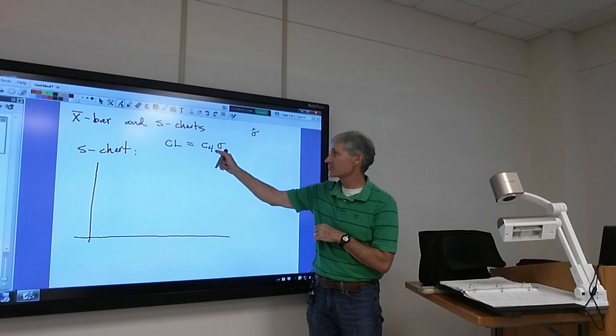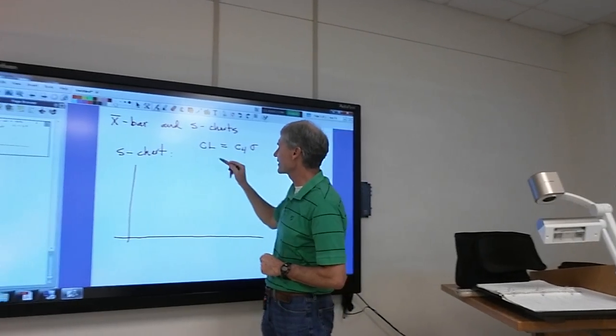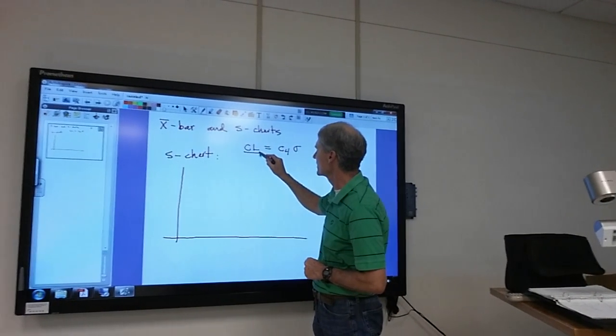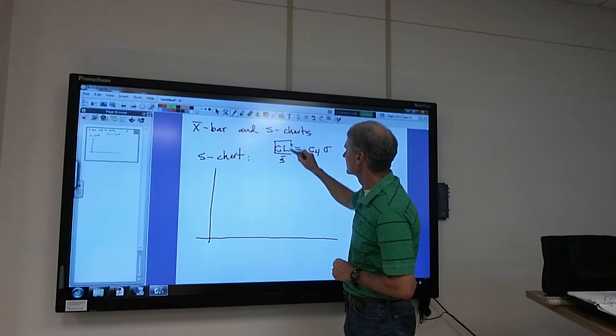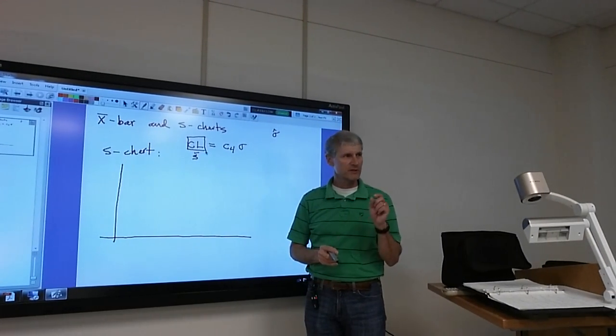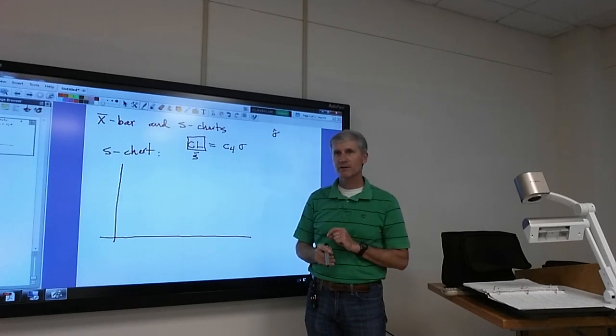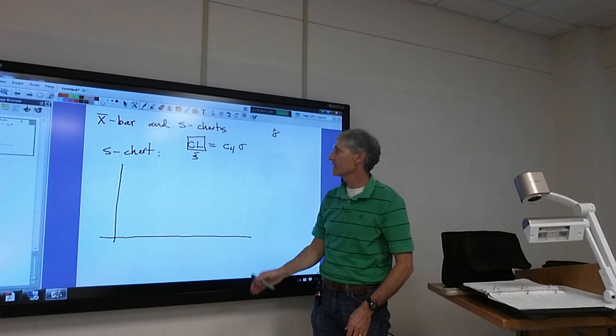And it involves this C4. But basically what I'm trying to get to is that this center line is S bar. And so what do we mean by S bar? The average of those 30 standard deviations, right?